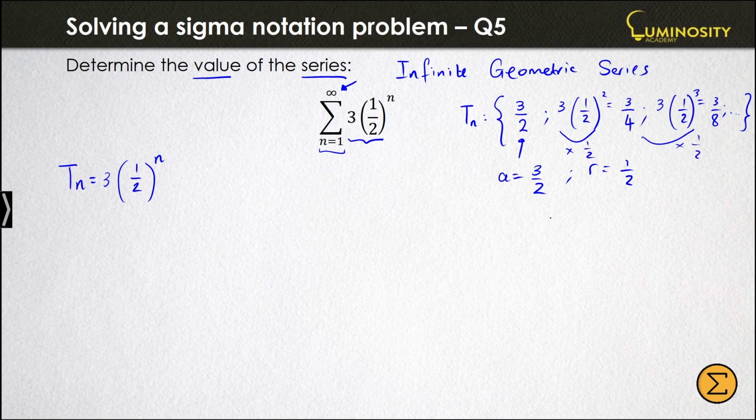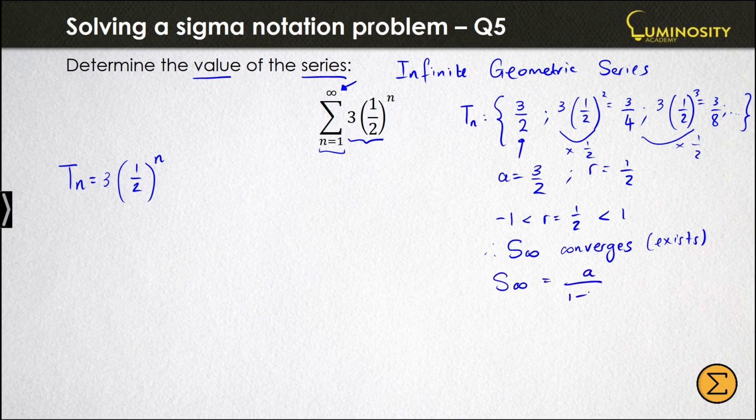So r being a half satisfies that golden special property of being between -1 and 1, not including those values. Therefore we know that S infinity, the sum to infinity, converges, which means it exists, and it's given by a over 1 minus r.